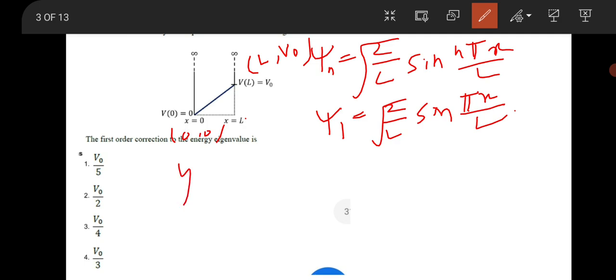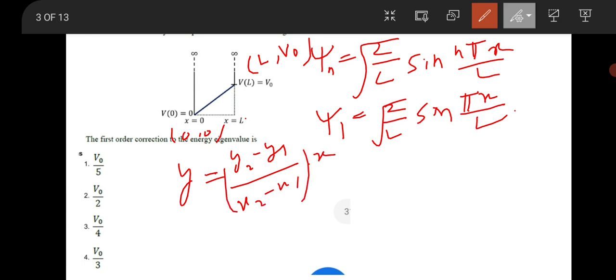As you know, y equal to mx plus c, passing through the origin, so c will be 0. m is the slope, which is y2 minus y1 by x2 minus x1, times x. So y equals V naught minus 0 by L minus 0, times x.